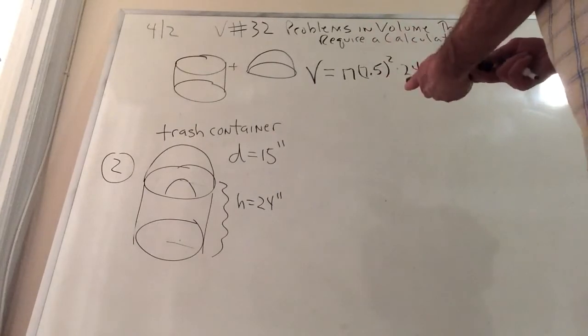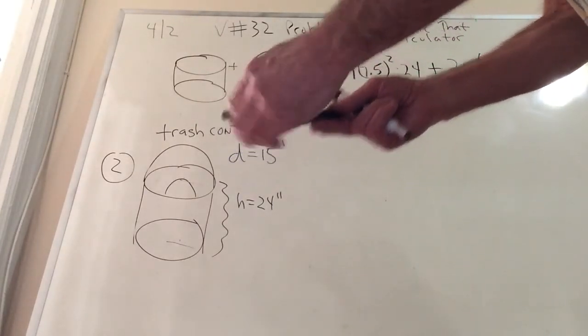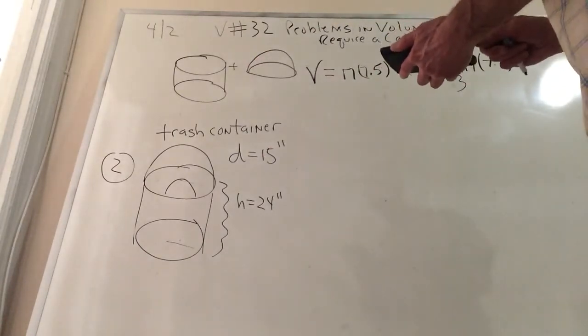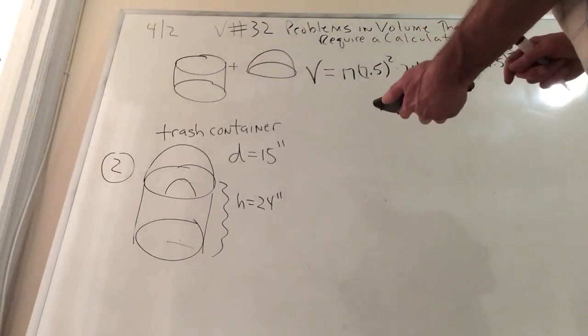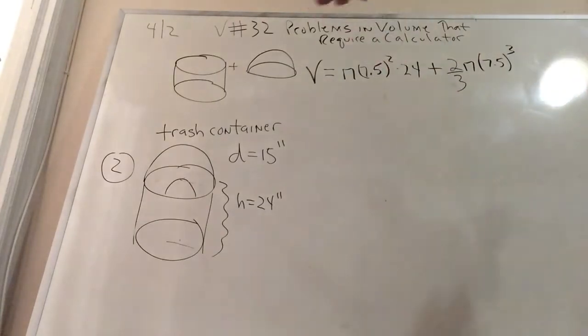Oh, see that button between the square and the pi? That's the power button. I power that up to 3 because it's cubed, and then I divide the whole thing by 3. So going left to right, the calculator should work.